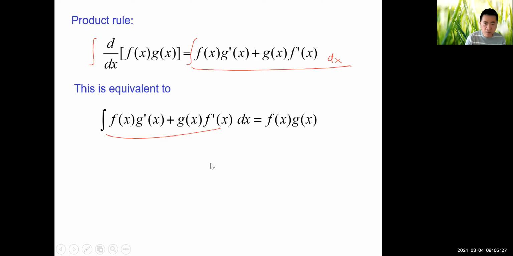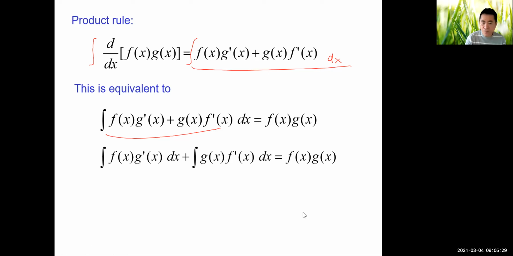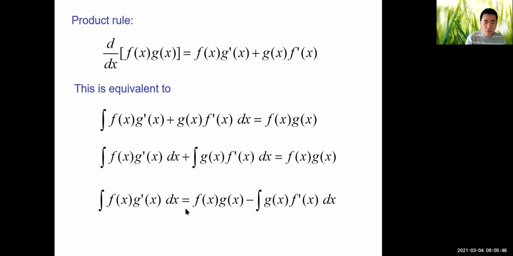Then the next step is we integrate the sum, so I can distribute it in. That means the antiderivative of the first term plus the antiderivative of the second term. Then we subtract this, so we move it over to the right hand side, and it becomes the minus sign.